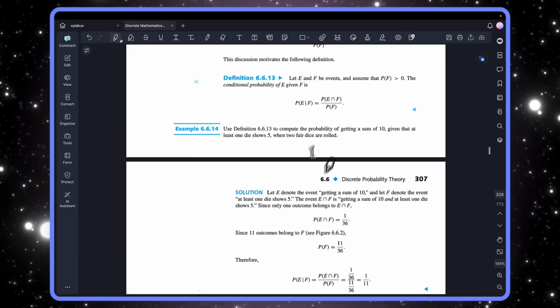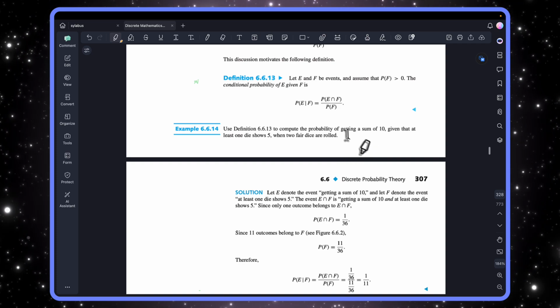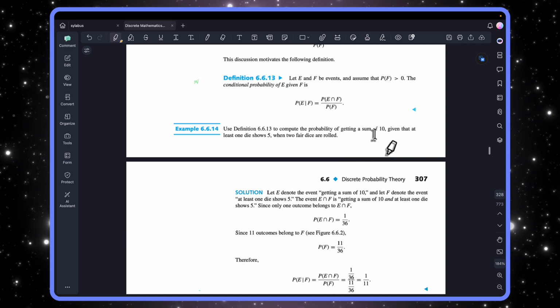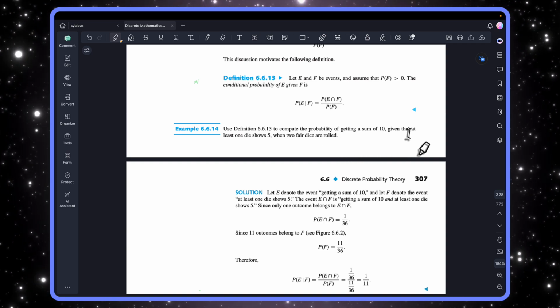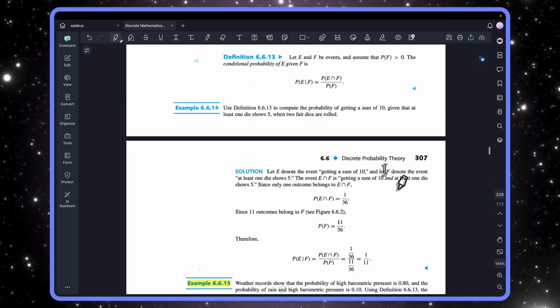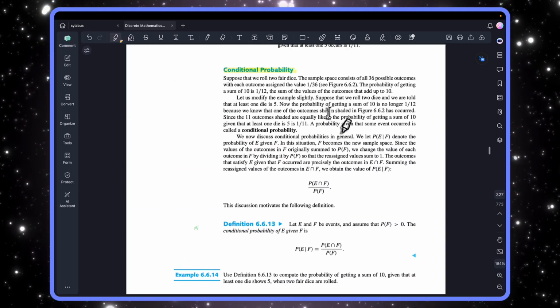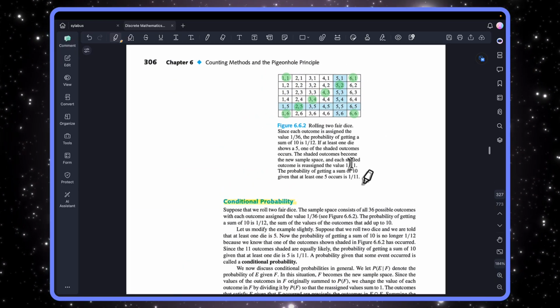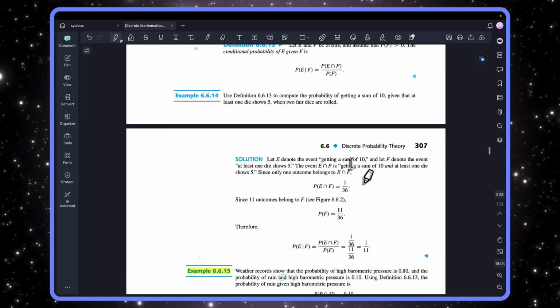So this definition, to compute the probability of getting a sum of 10 in our example, we'll basically do this. Here's a solution of this example, but just using the conditional probability idea.